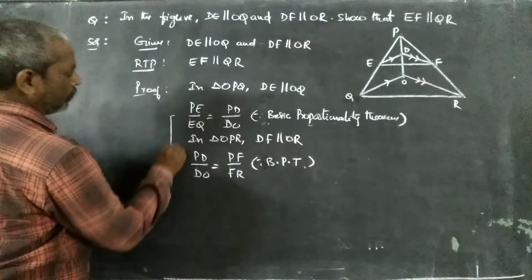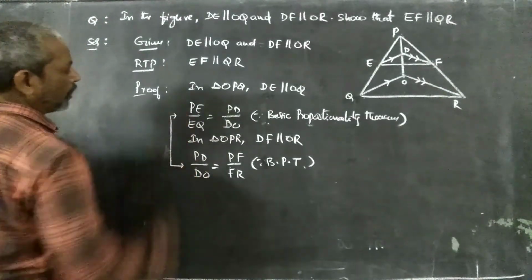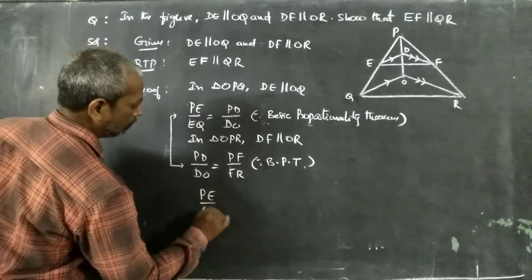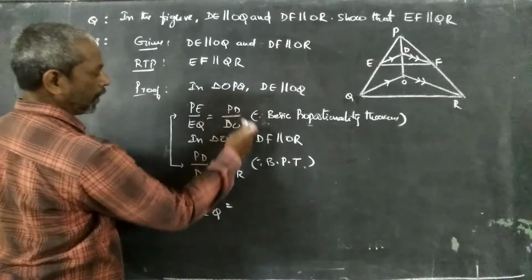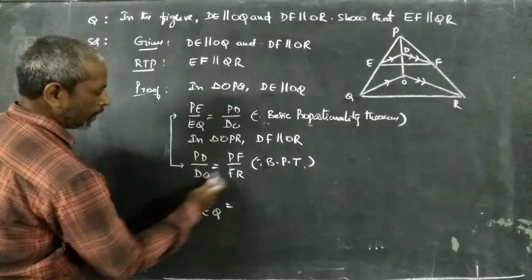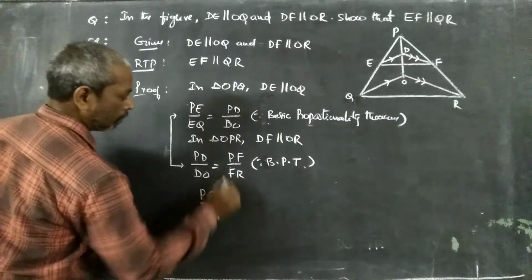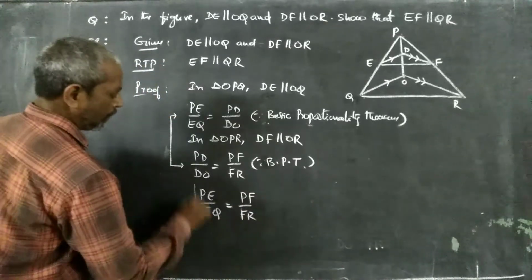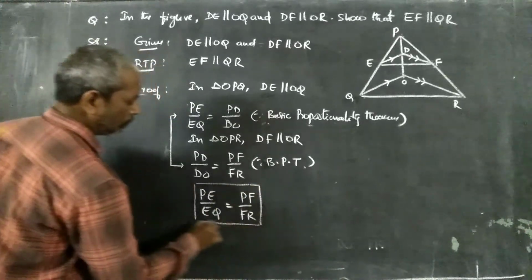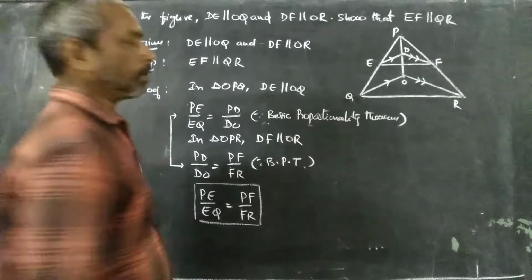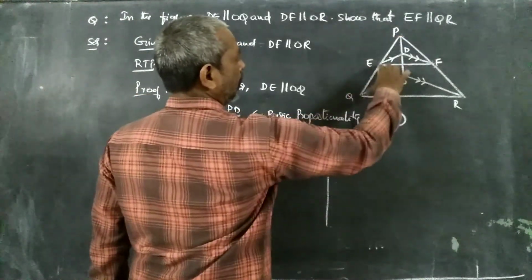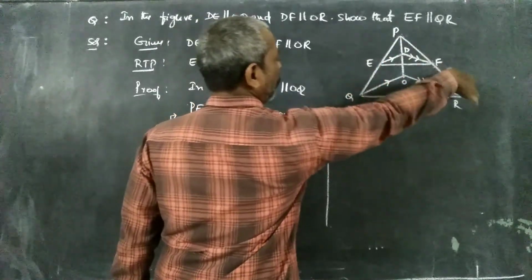Now from these two, we observe PE by EQ is equal to PD by DO, and again PD by DO is equal to PF by FR. Therefore, PE by EQ is equal to PF by FR. Now, observe in the diagram, PE by EQ is equal to PF by FR.